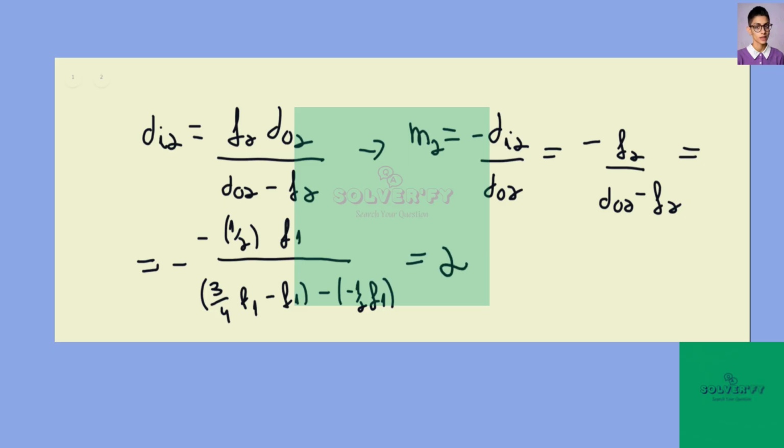This gives us a magnification of 2. This is the second magnification. The total magnification is the product of the two, so m total is m1 m2, and this is minus 2 f1 over d0, as expected.